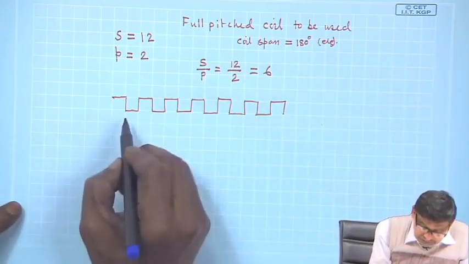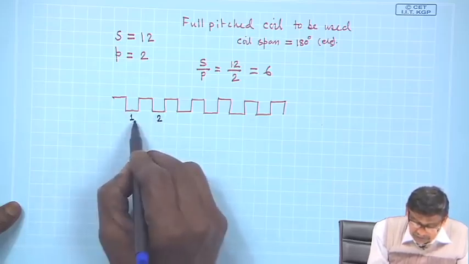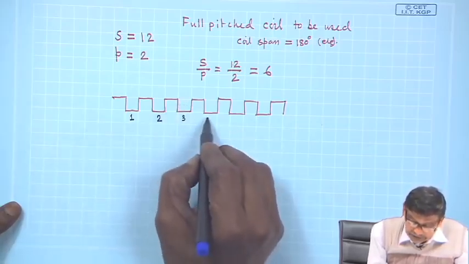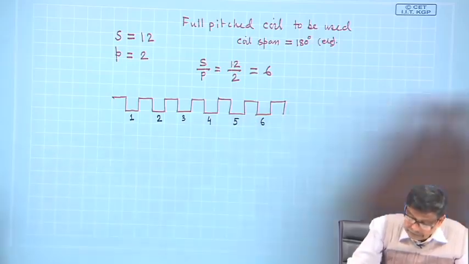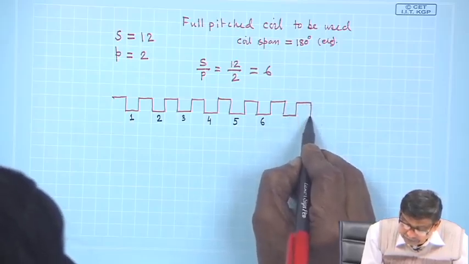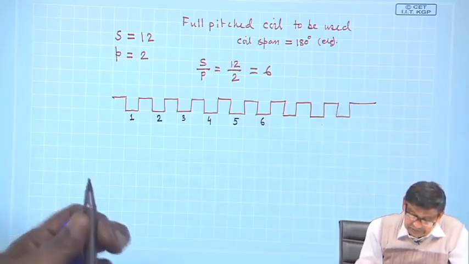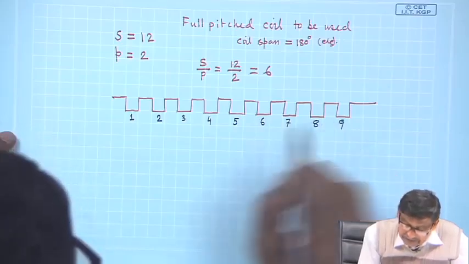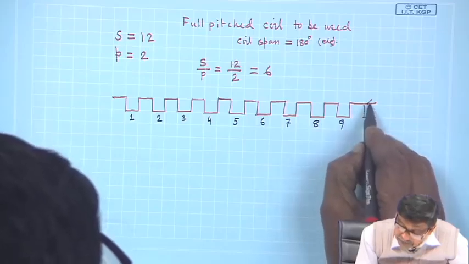So, suppose this slot is 1, slot numbering will progress like this: 1, 2, this is 3, where I will place the conductors, 4, 5, 6, and then let me draw so that this is 7, 8, 9. Okay, let me draw further. You forgive me.